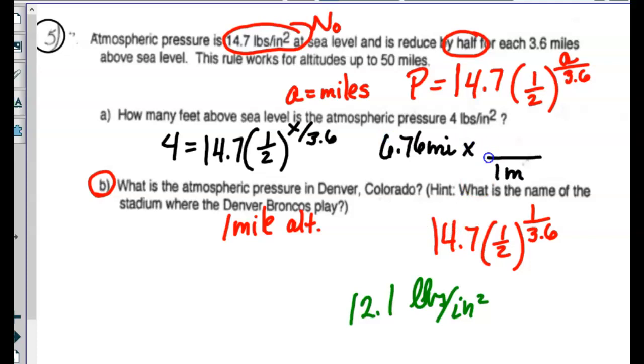Well, 1 mile we need to multiply by 5280 feet. Some of you know that conversion. I don't have the number on my calculator, so I got around 35 or 36,000. 35,693 feet.